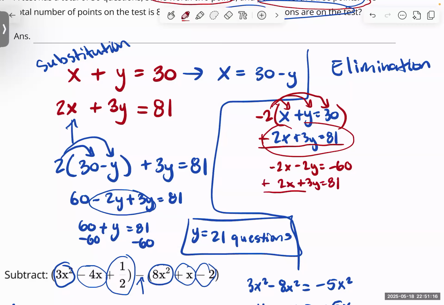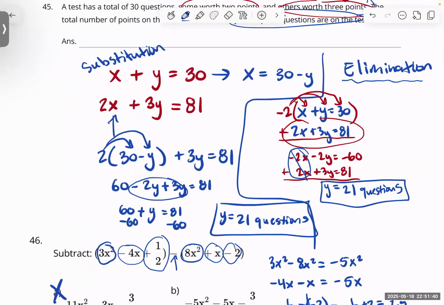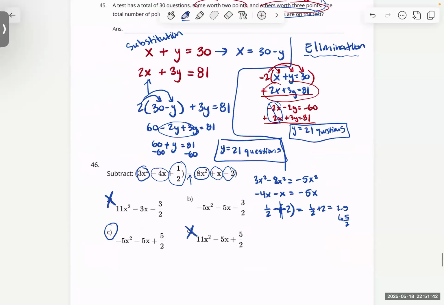Now, if I add these together, negative 2x plus 2x is 0, so that's eliminated, aka the name elimination. Negative 2y plus 3y is y, equals negative 60 plus 81, or 81 minus 60, which is 21. So you get the same answer with less work, but it's whatever you prefer.